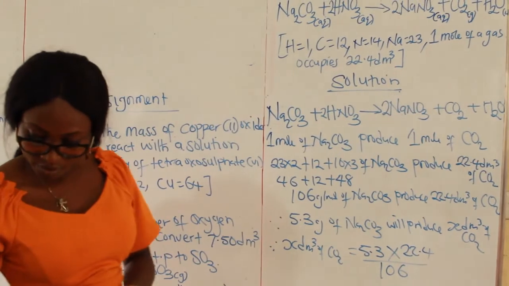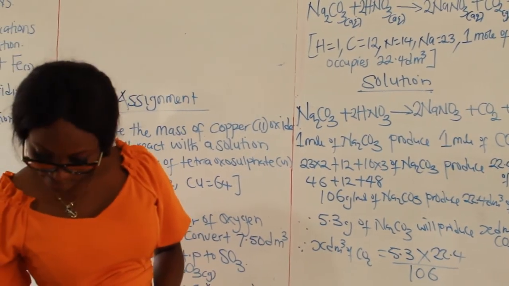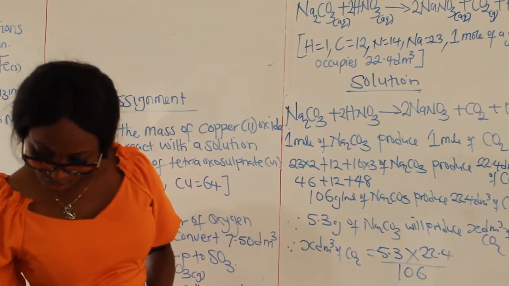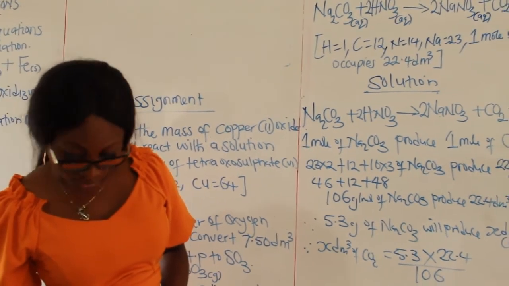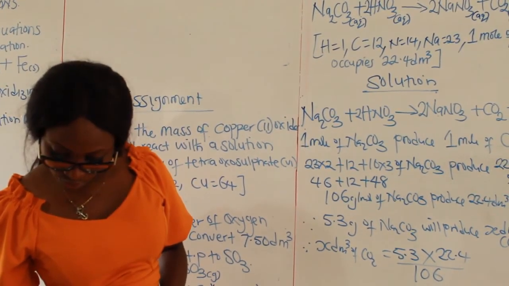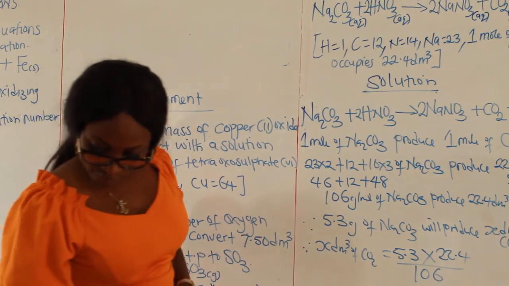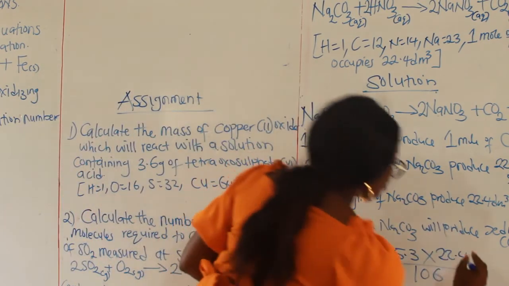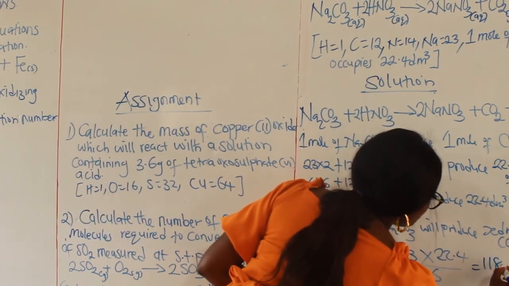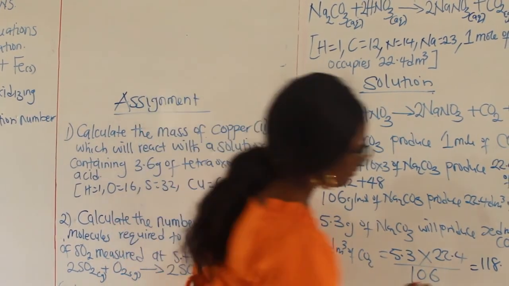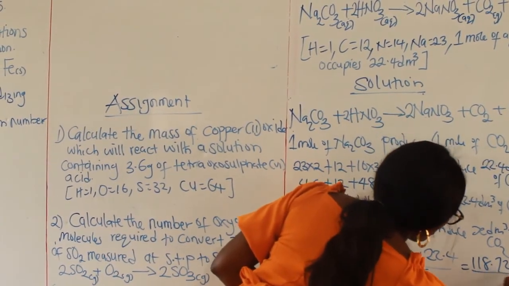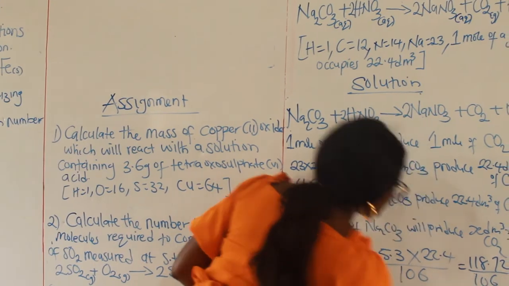Okay, so I'll use my calculator for that. So you have 5.3 multiplied by 22.4 gave us 118.72. So you have 118.72 all over 106.